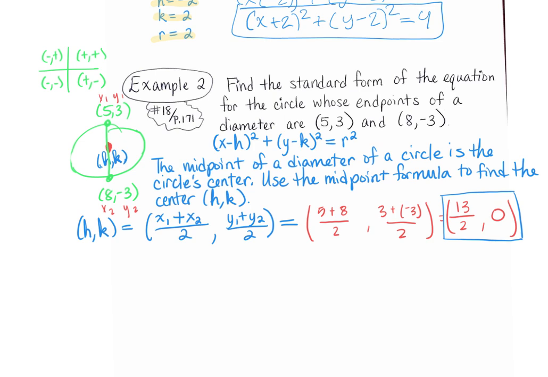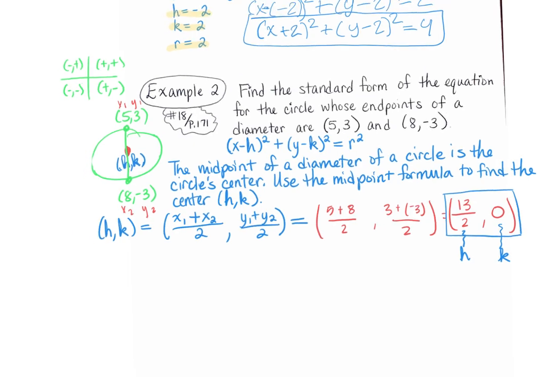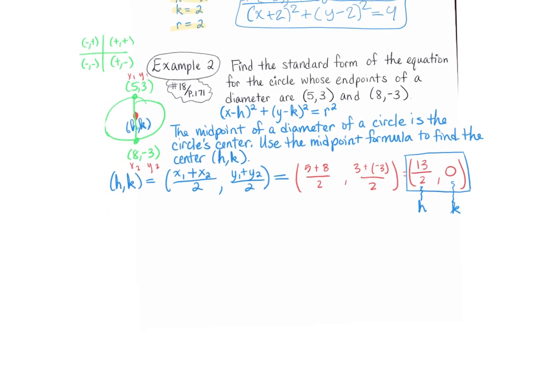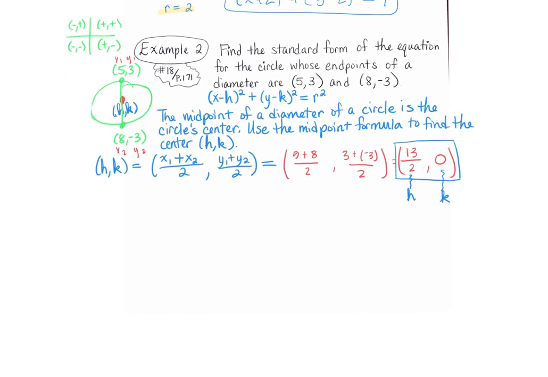In particular, what does this represent? H, yes? Good. So this is h, and what is this? k, yes? So now what do we need to do? Plug it in where? What equation? The standard form equation?